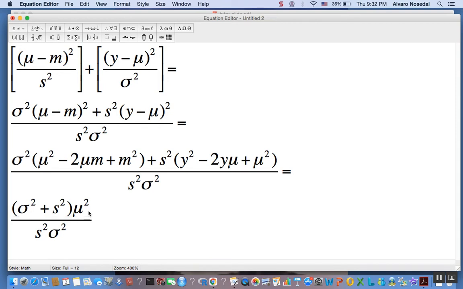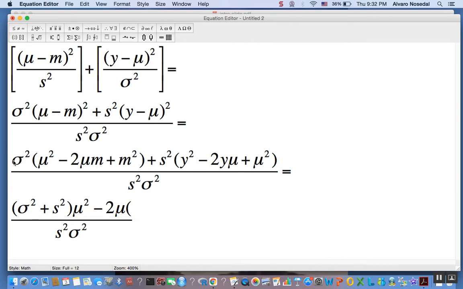Okay? Now, let's see. We have 2 times mu here. Let's now try and put together those terms, right? So we would have sigma squared times negative 2 times mu times m, right?